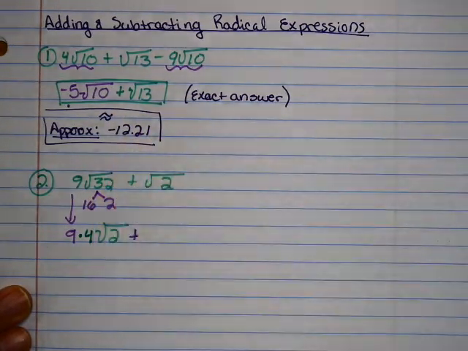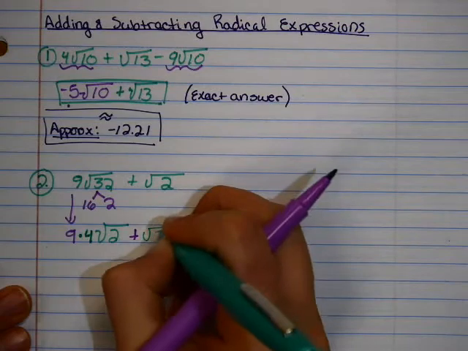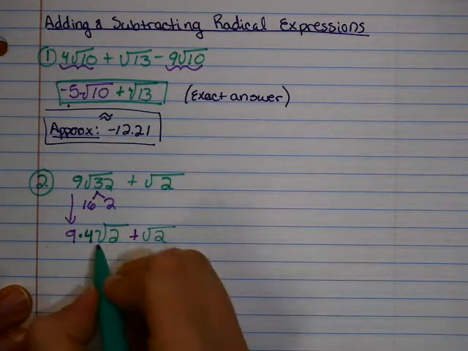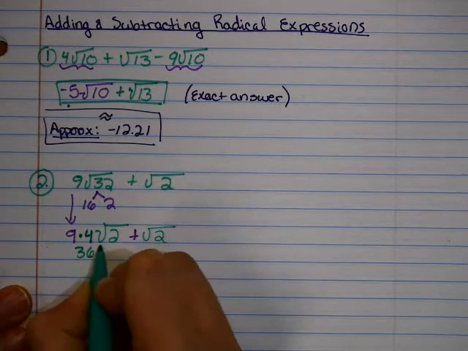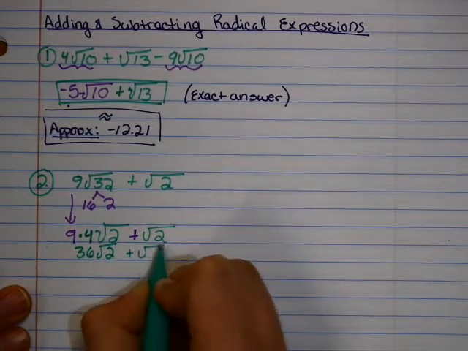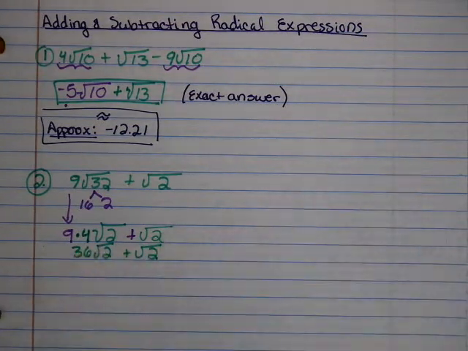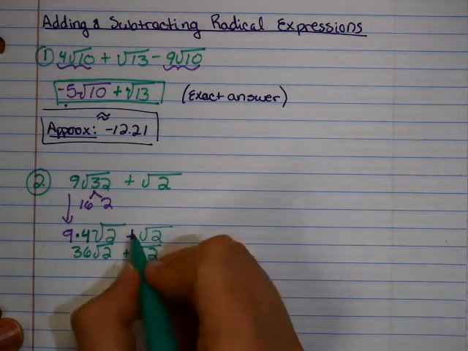Then we still have our plus square root of 2, because we're adding. 9 times 4 is 36. So I have 36 square roots of 2 plus the square root of 2. Now remember, like we do when we think about variables, if I just have one x, that means I have a 1 as its coefficient.